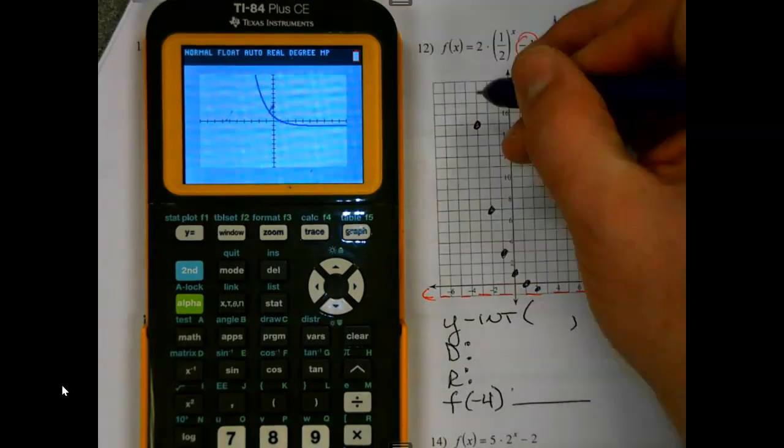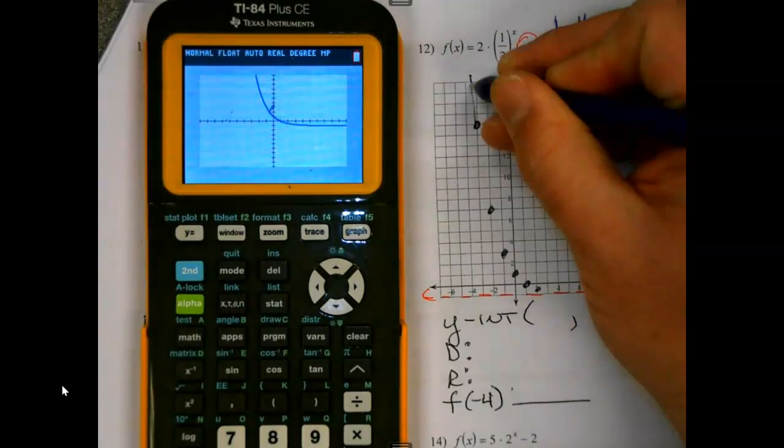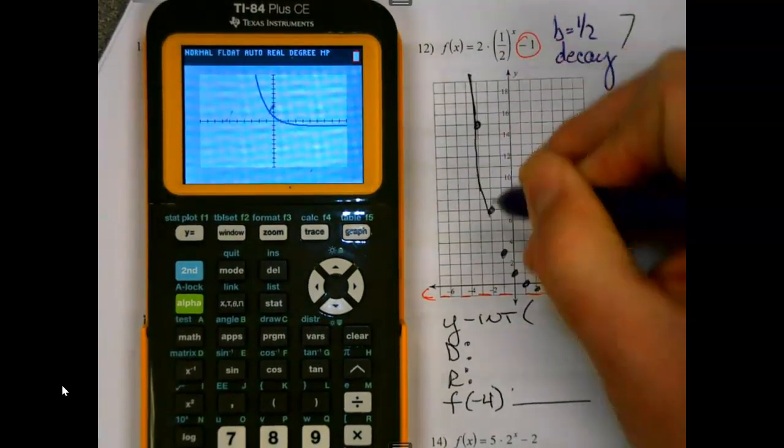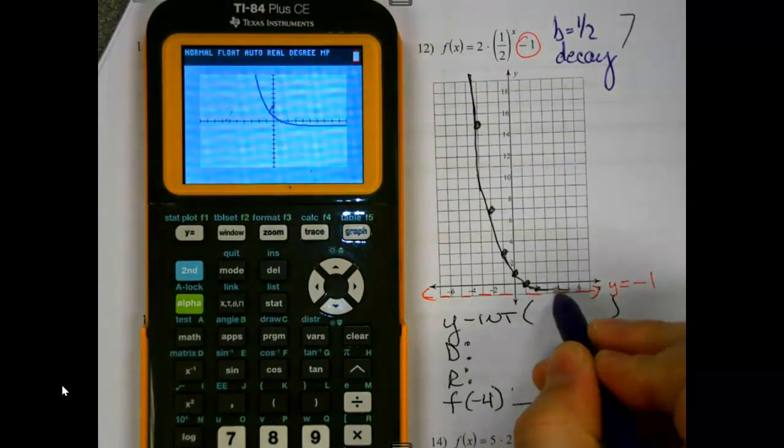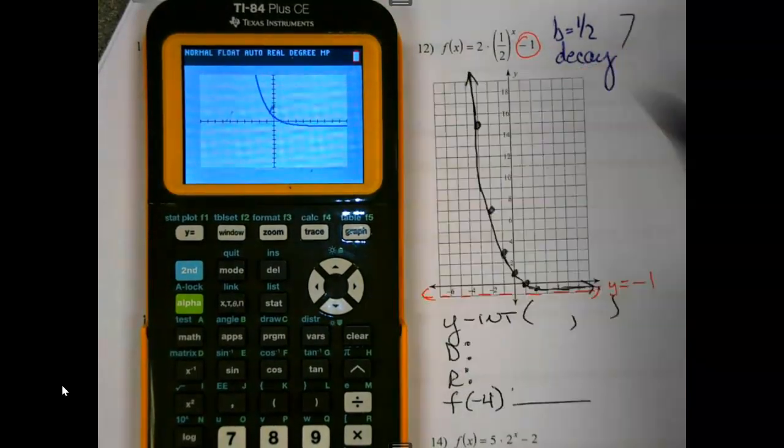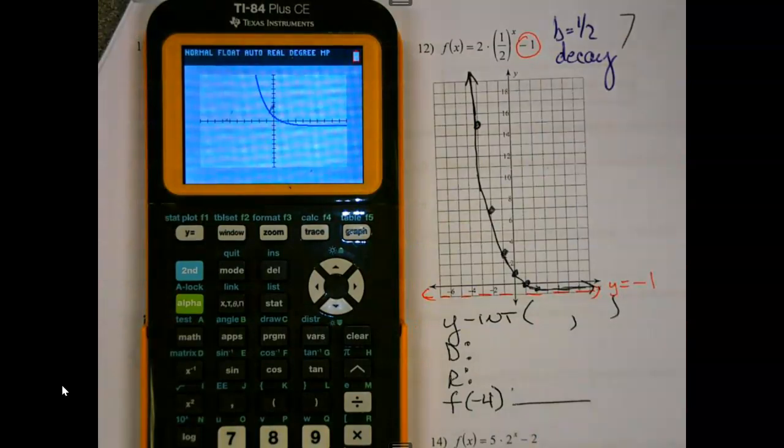So when I start to connect the dots that I could get, make sure your graph isn't touching the electric fence. We can get really close, but don't go past it. And I can get my graph.